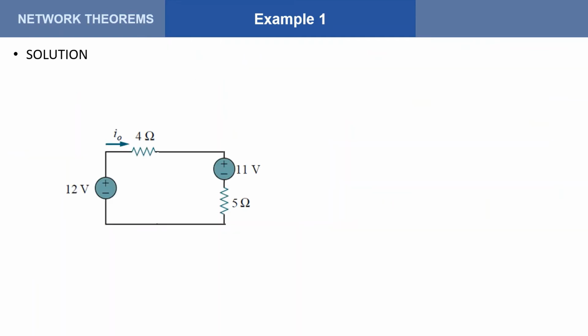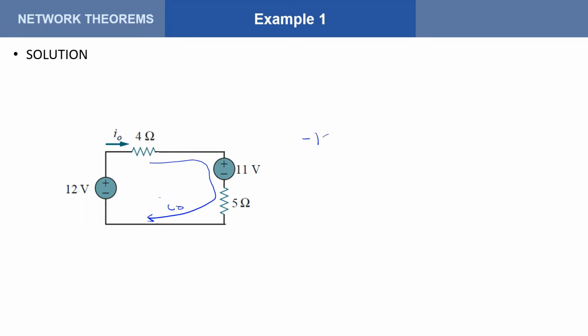So that will bring us to this very simple circuit, a single loop circuit, from where we can write our KVL. Okay. So again, as I've said, I naught will now flow around the loop. So this is I naught. So we can write KVL from this loop.